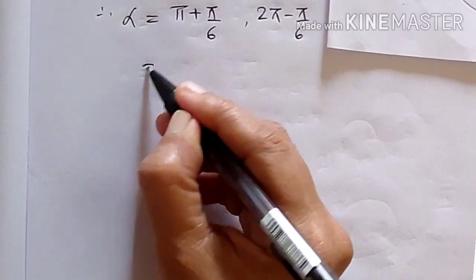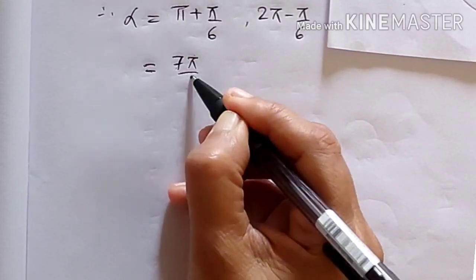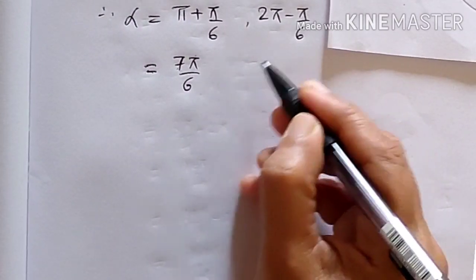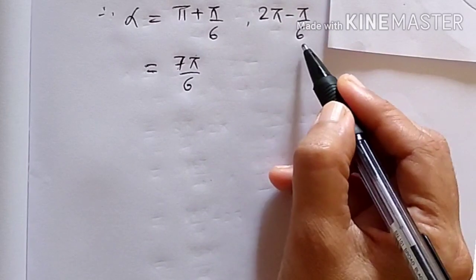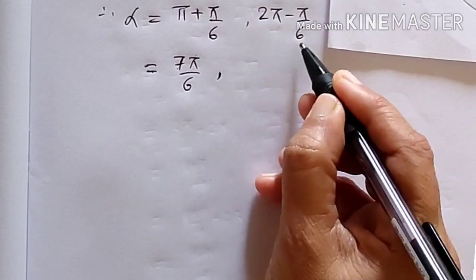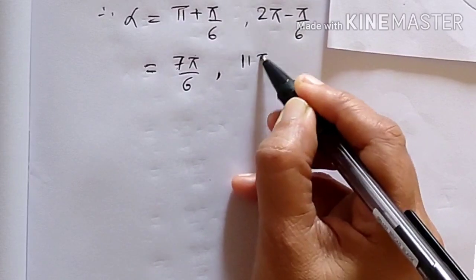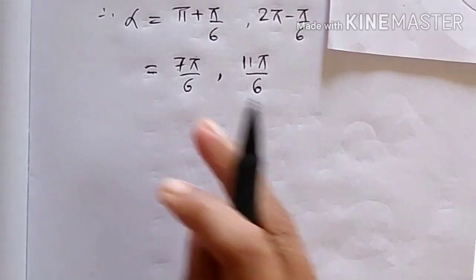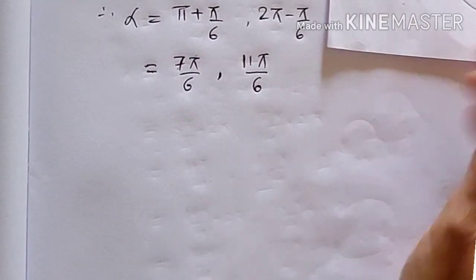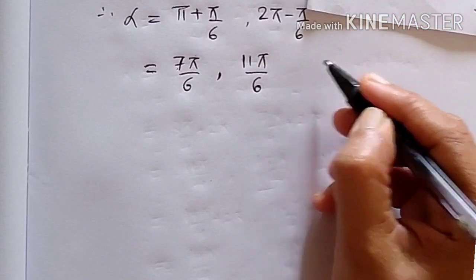So the possibilities for alpha are 7 pi by 6, or, this will be 12 minus 1, that is 11 pi by 6. So in the first rotation we got these values.